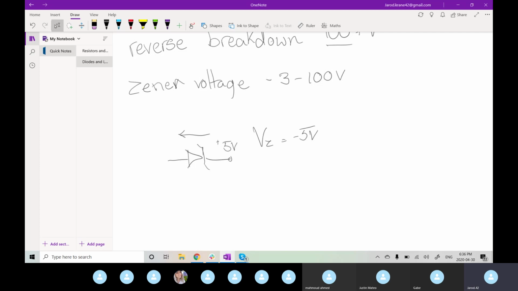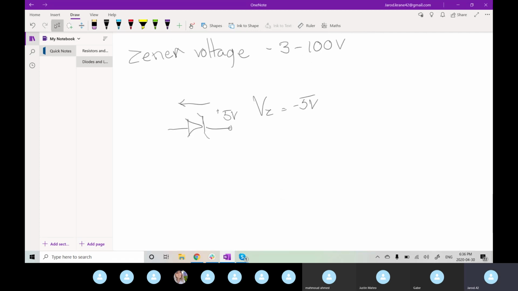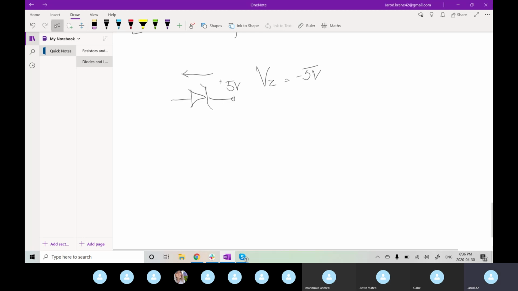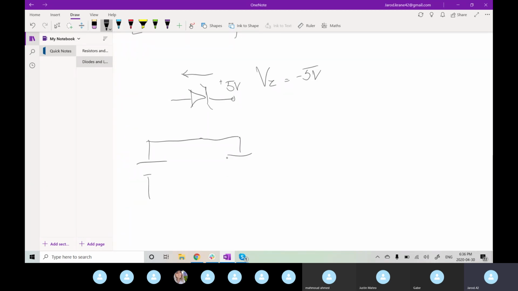So this diode is often used for voltage limiting, in cases where you have your load, and then you would have your Zener before going into the rest of your circuit.